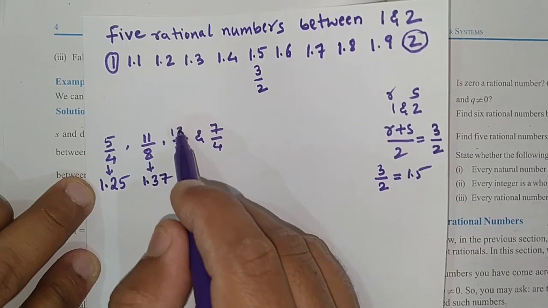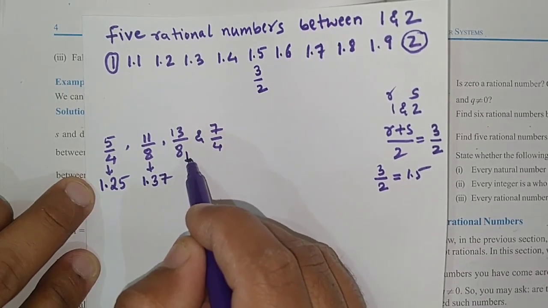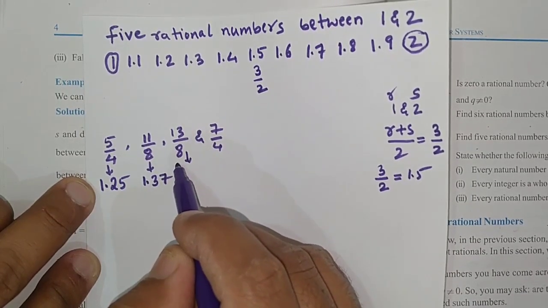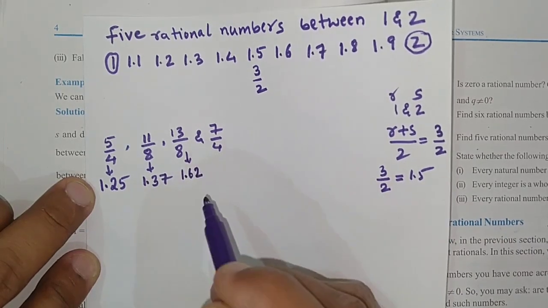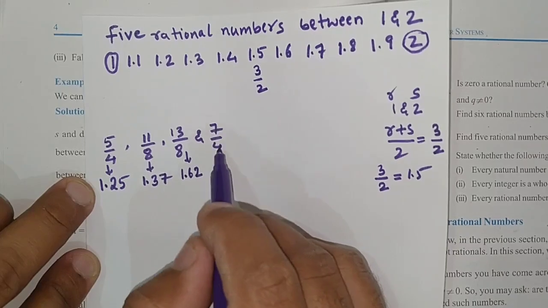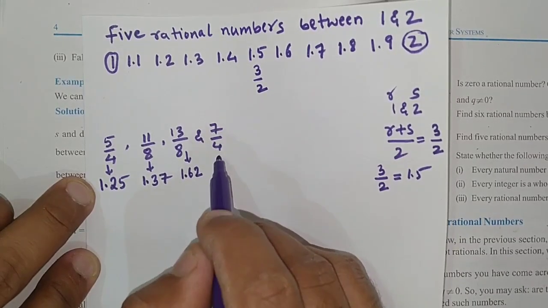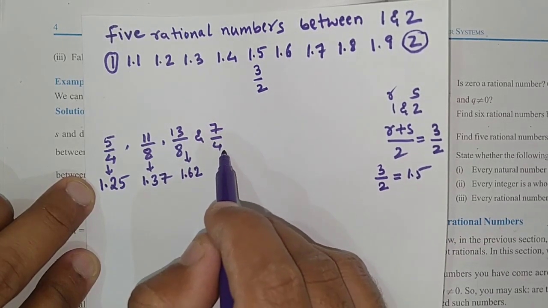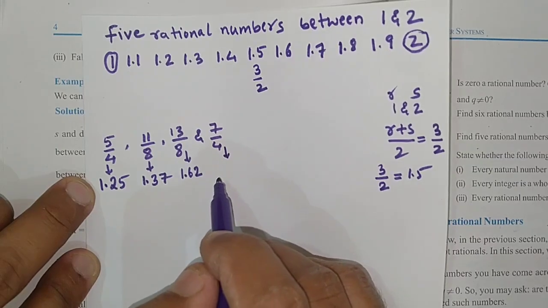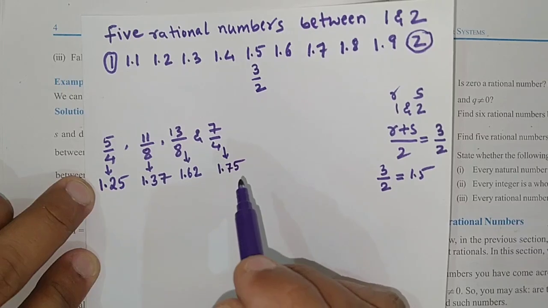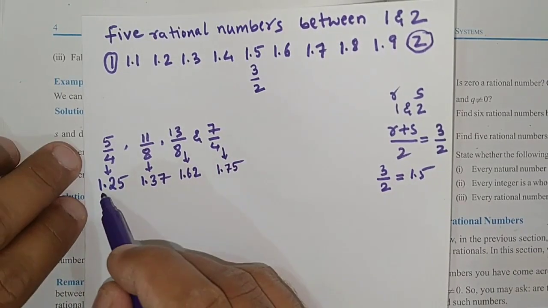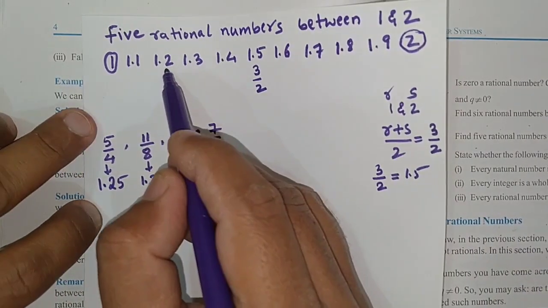If you divide 13 by 8, you will get 1.62. If you divide 7 by 4, you will get 1.75.